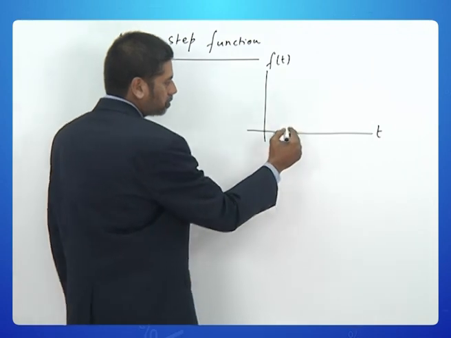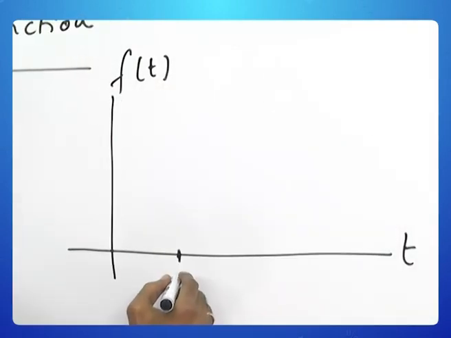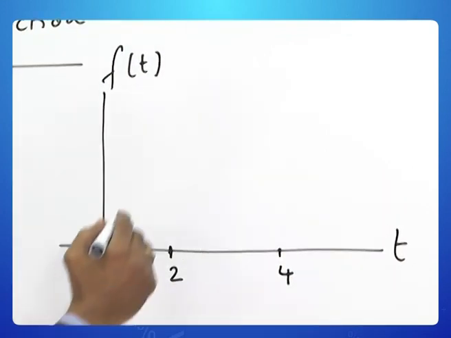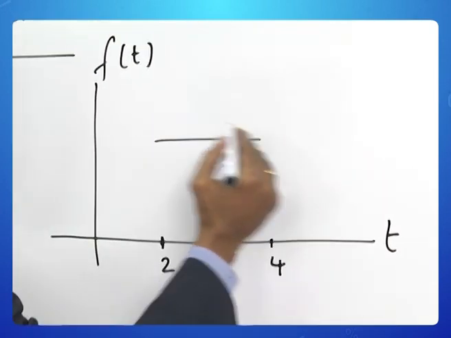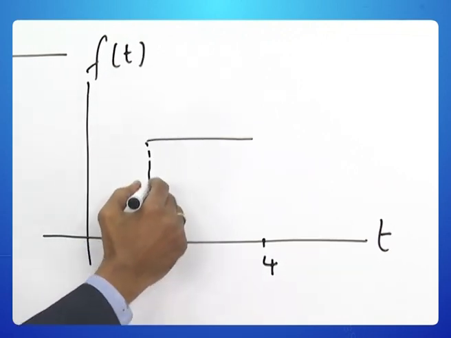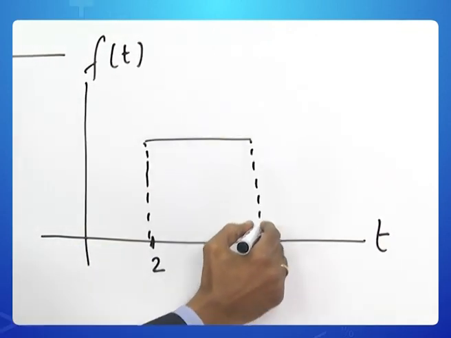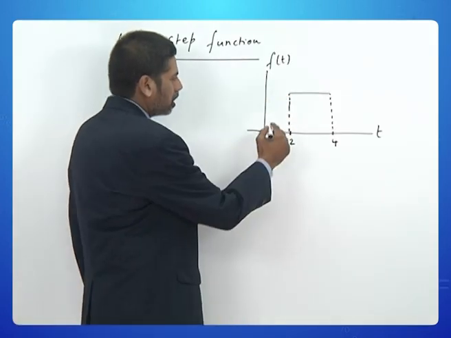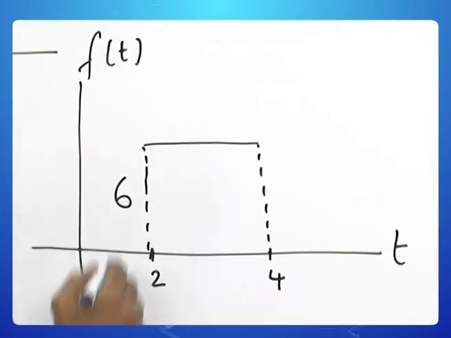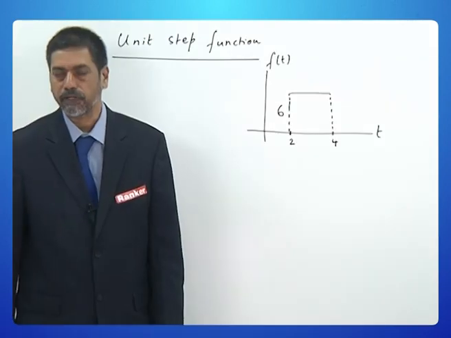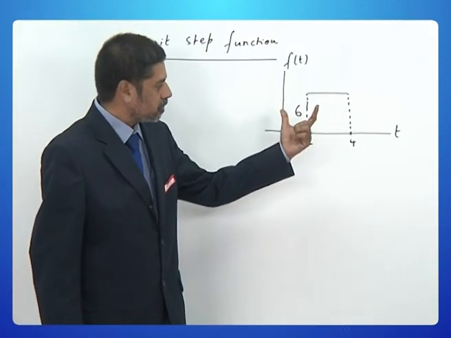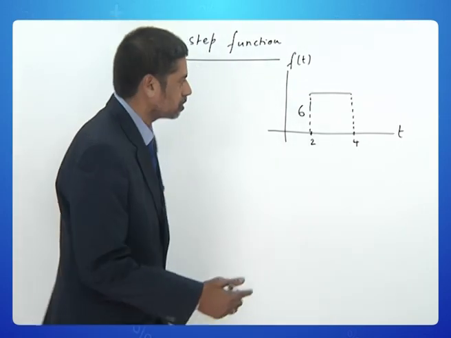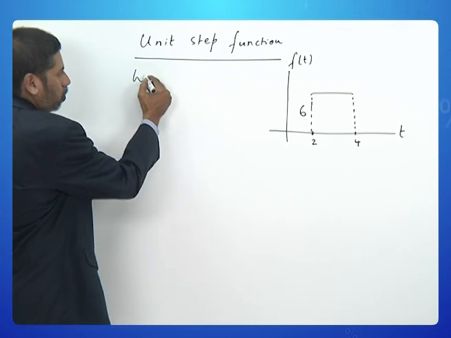Let us say this is 2 units and this is 4 units, and I have got a simple rectangular pulse. The height of this pulse, let us say, is 6 units, right? Now for a situation like this, if you want to find the Laplace transform, the question is, what is the Laplace transform of the signal?